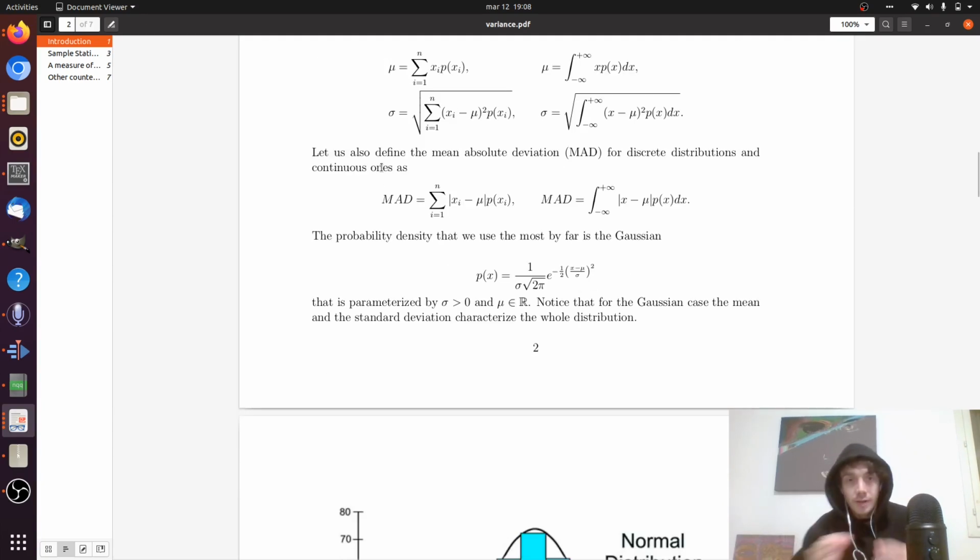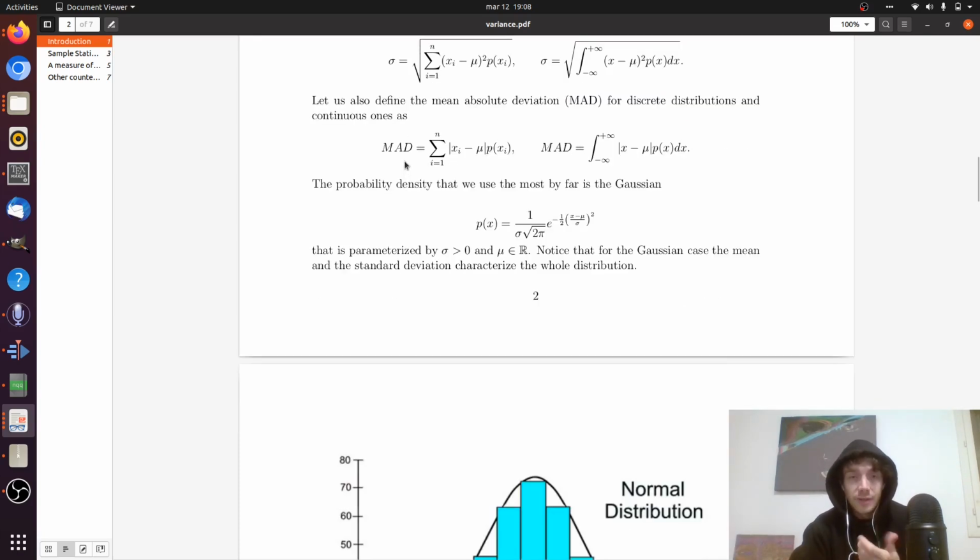Anyway, there's another measure of variability one can compute on a probability density, and this is the mean absolute deviation. But this is not very used by statisticians and applied statisticians. We always ubiquitously use this quantity here. This is the quantity we all use.